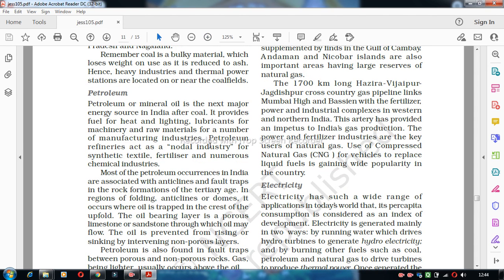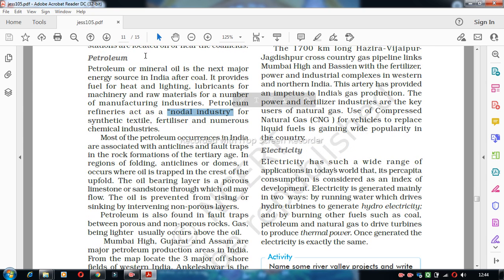Petroleum refineries act as nodal industries for synthetic fertilizer and numerous chemicals. So have attention to the nodal industry. Which industries are called nodal industries? These petroleum refineries are acting as nodal ones and giving support to synthetic textiles, fertilizer and numerous chemical industries.